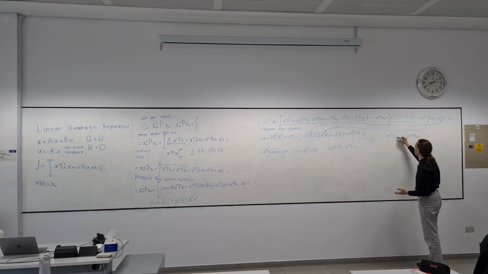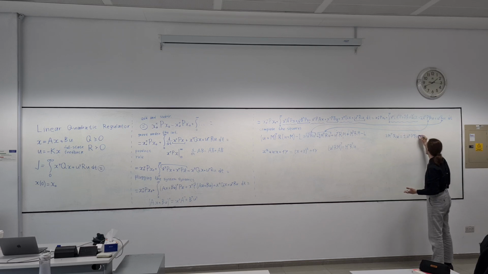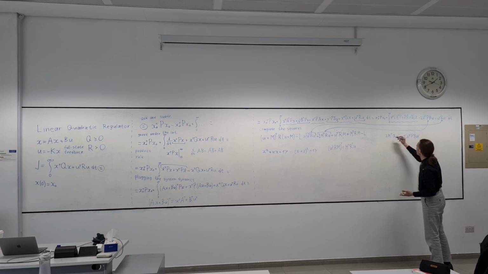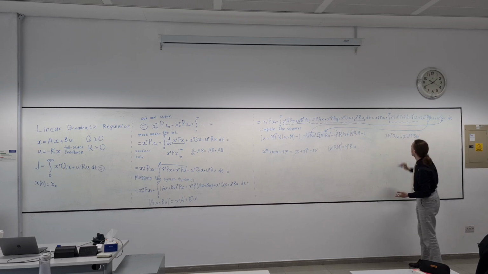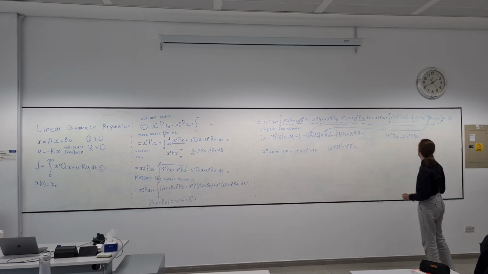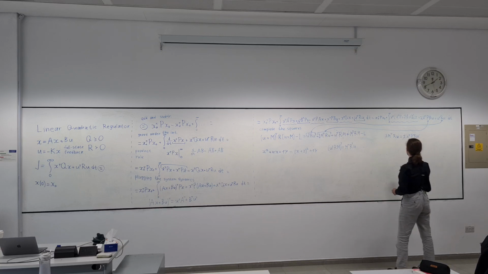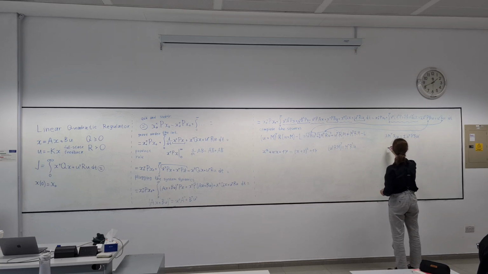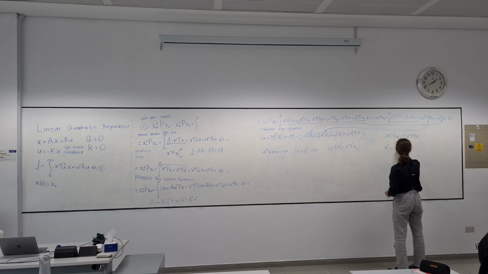So we can virtually remove it. We can remove the doubles here. And what this will give us is that M transpose is equal to X transpose B R inverse.